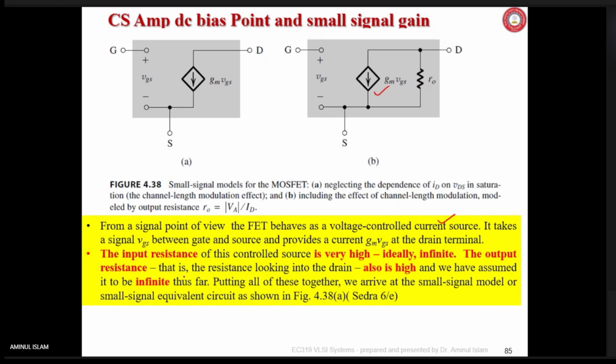The output resistance, that is the resistance looking into the drain, also is high, and we have assumed it to be infinite thus far. Putting all these together, we arrive at the small signal equivalent circuit as shown in this figure. If you consider RO, then this is also included.